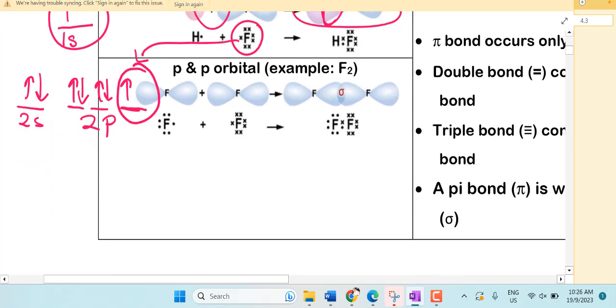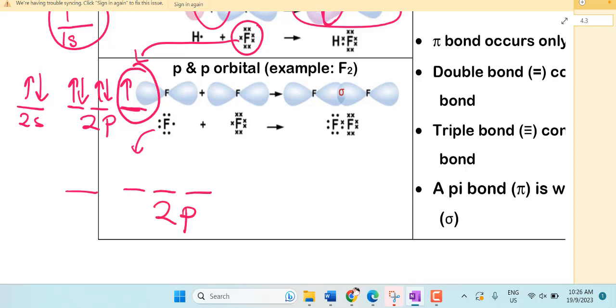Next is p and p orbital overlap. For fluorine, if it wants to make a bond, we look at the valence electrons and choose the one with a single orbital, single electron, which is this one. Fluorine ada 7 valence electron. Elektron mana yang kita akan gunakan nak buat bond?